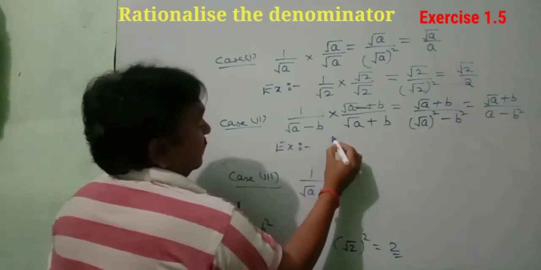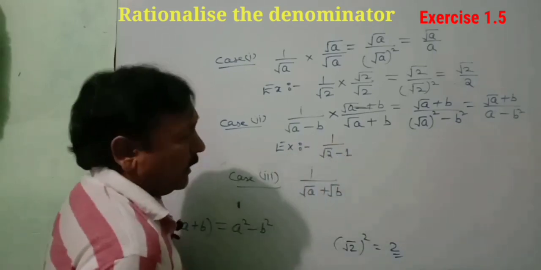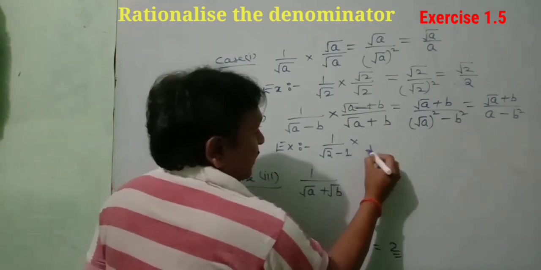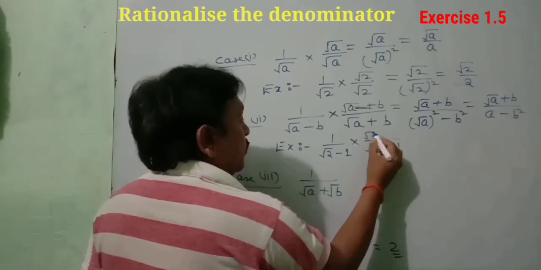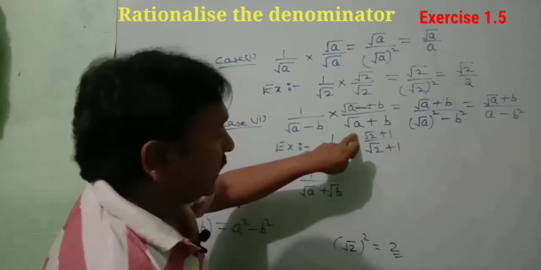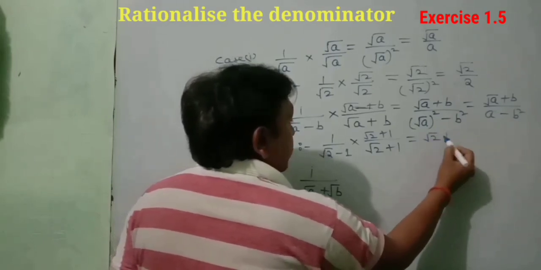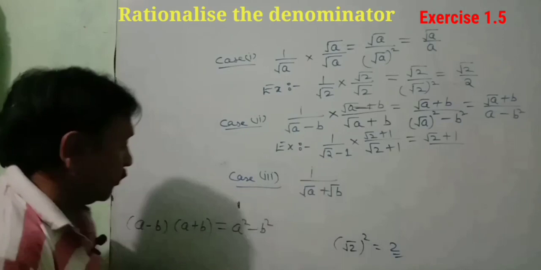Suppose it is written 1 upon root 2 minus 1. We have to remove this root 2 sign. How? In the same way, we will multiply by root 2 plus 1, both in numerator and denominator. Then in the numerator it will be the same, root 2 plus 1, but in the denominator we use this identity.